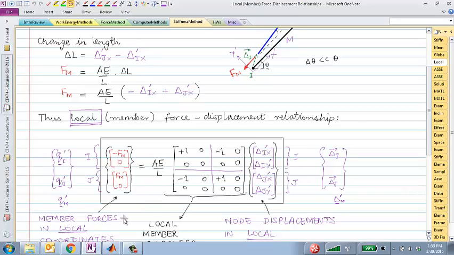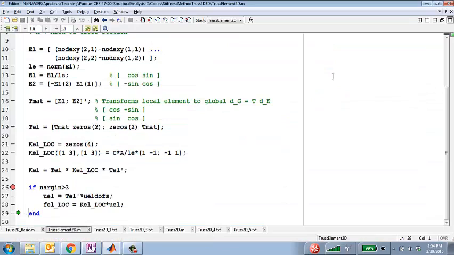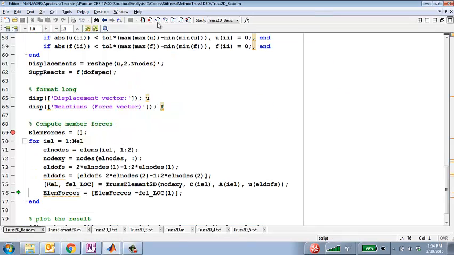Since we know the local displacements, we multiply by the local stiffness matrix to get something in the 1 and 3 components, which is actually the internal member force. This minus Fm and Fm is the internal force in this element. So now I know the internal force in this element, and we can go and plot it in the main, or we can just record it in our element forces vector.